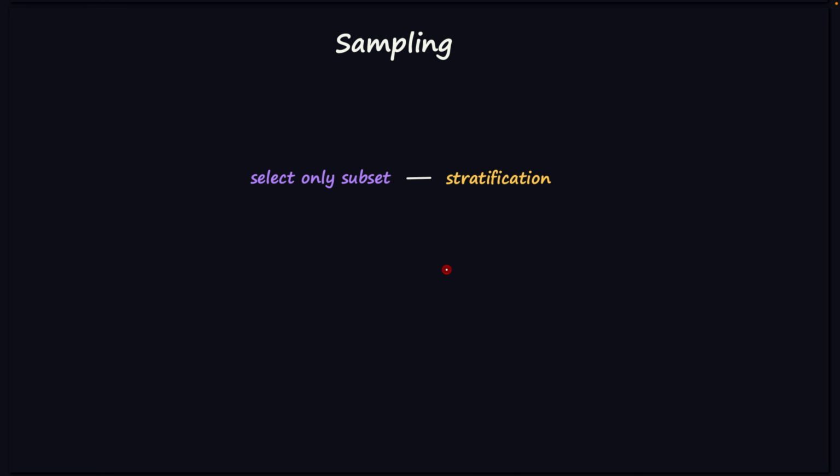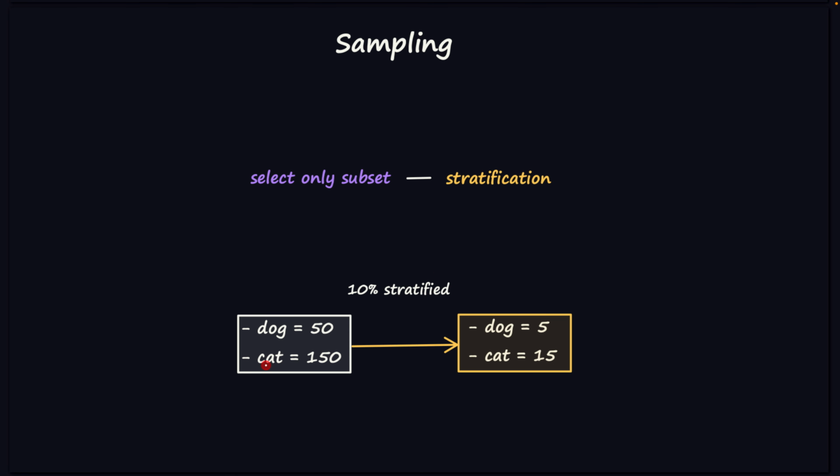Let's understand what this means by an example. Let's imagine that we have a data set which has 200 records, and 50 of those records belong to dog images and 150 belong to cat images. This means we have 25% dog image data and 75% cat image data, and we want to take a 10% sample of this particular data set, which means we will end up with 20 records.